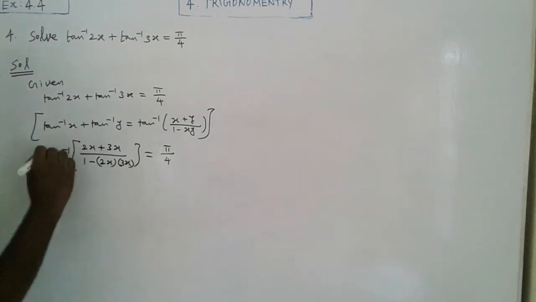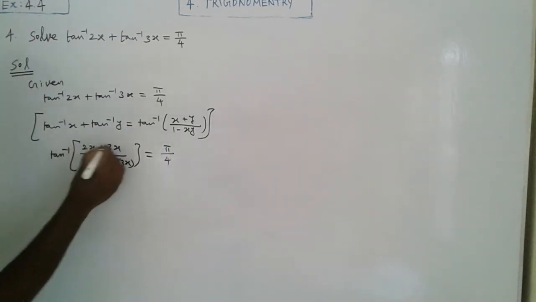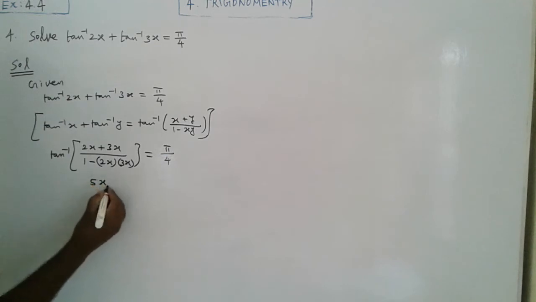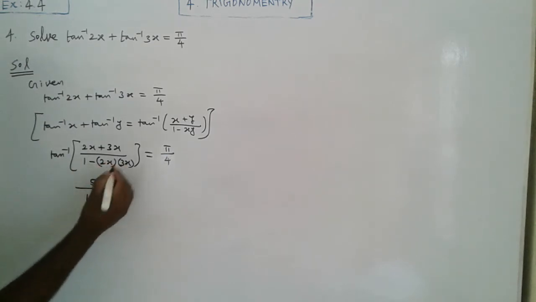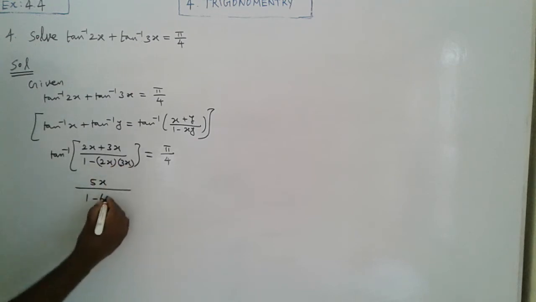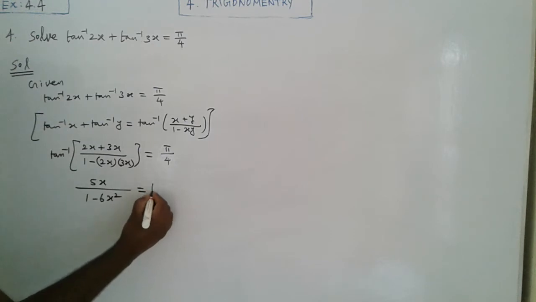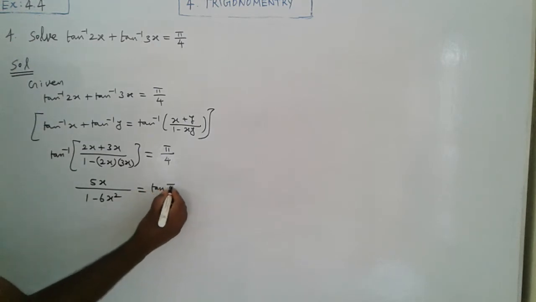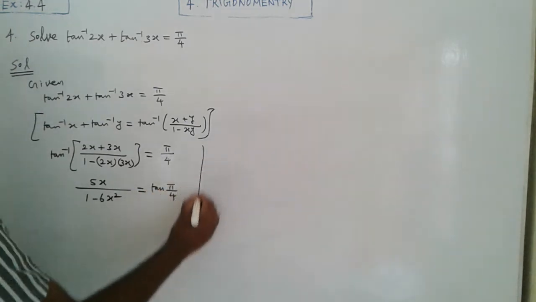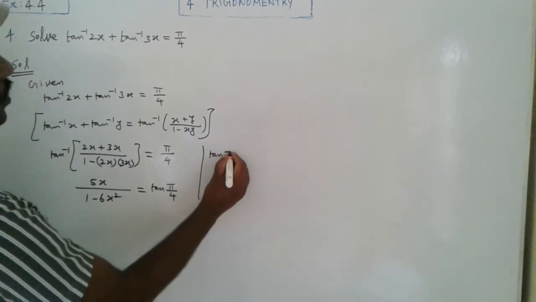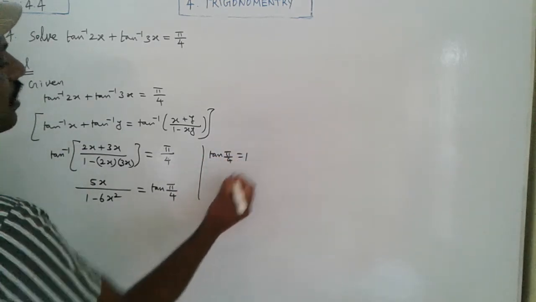So on the left, 2x plus 3x is 5x divided by 1 minus 2 threes are 6, x into x is x square, equal to, taking the right hand side, tan of pi by 4. We know that tan pi by 4 equal to 1 is the value.